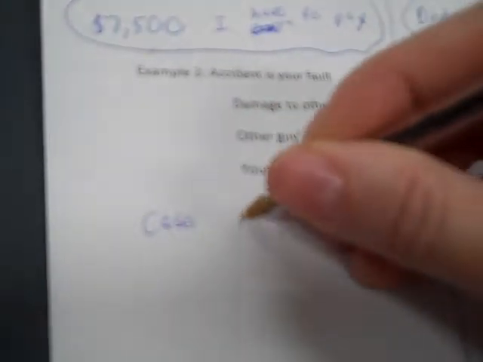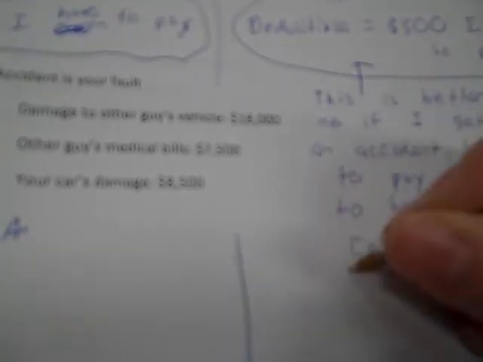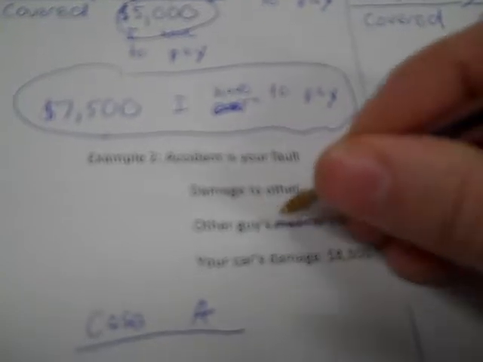Okay, now in this one, again, all these problems, we're going to go case A, case B. Okay, so the accident's my fault. So the other guy's medical bills, remember the medical bills means doctor bills because he's got to get his health up to par.